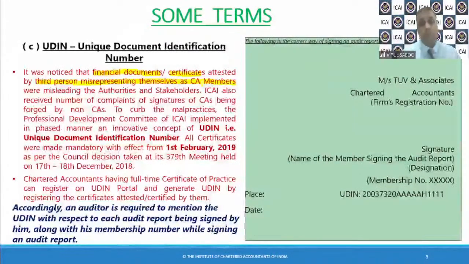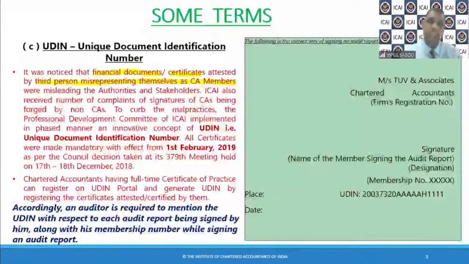To their dismay, they would find later on that the documents were fraudulent. When they tried to connect to the chartered accountant whose signatures were forged on that particular financial document, he would tell the truth that he hasn't signed those documents. They have been forged.